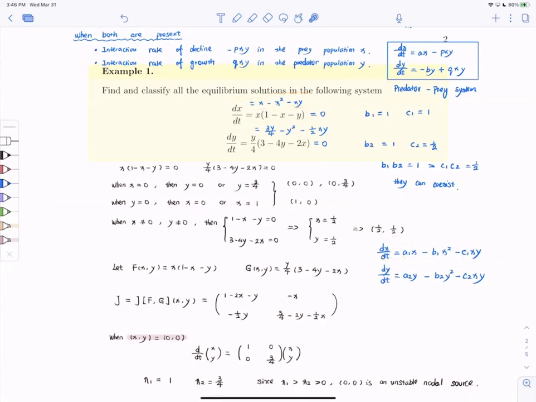For the second, a2 is 3/4, b2 is 1, and c2 is 1/2. Once you find b1b2, c1c2, you can compute this and decide if they can coexist or not. Any other question? Okay, cool.